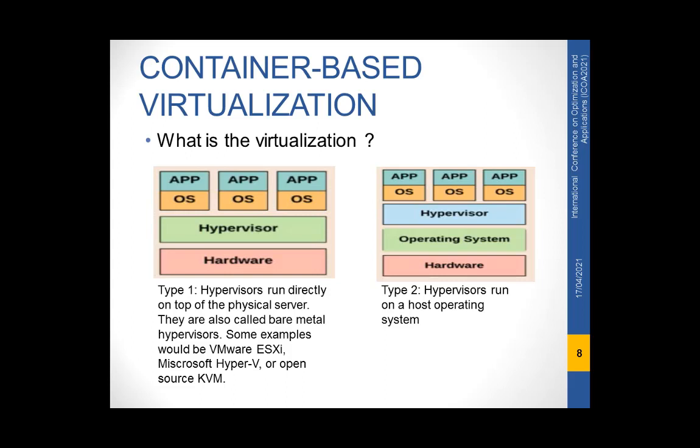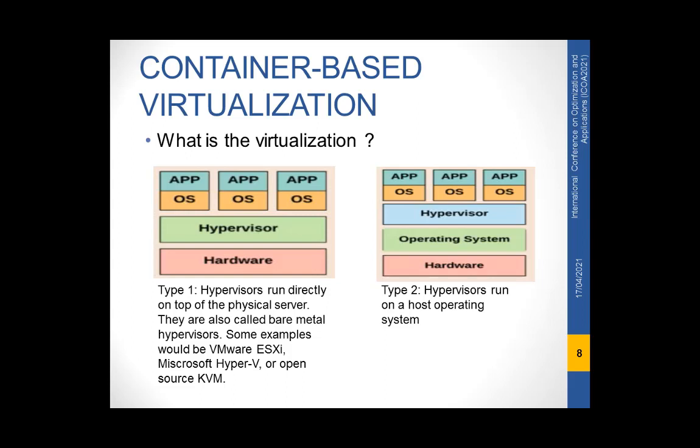This hypervisor is a piece of software that runs above the physical server or host. There are two main types of hypervisors. Type 1 hypervisors run directly on top of the physical server. They are also called bare metal hypervisors. Some examples would be VMware, Microsoft Hyper-V, or open source KVM.